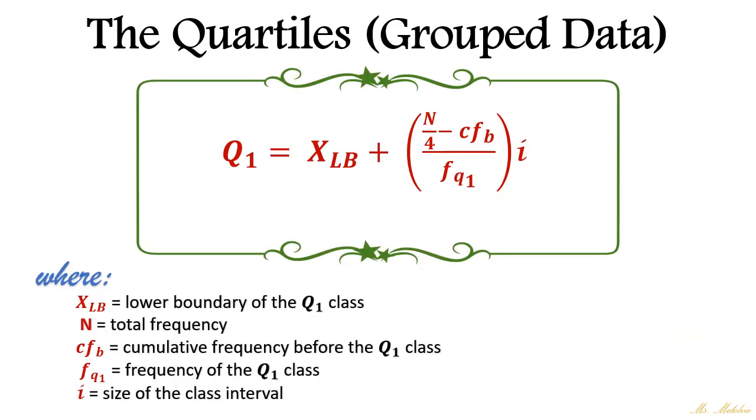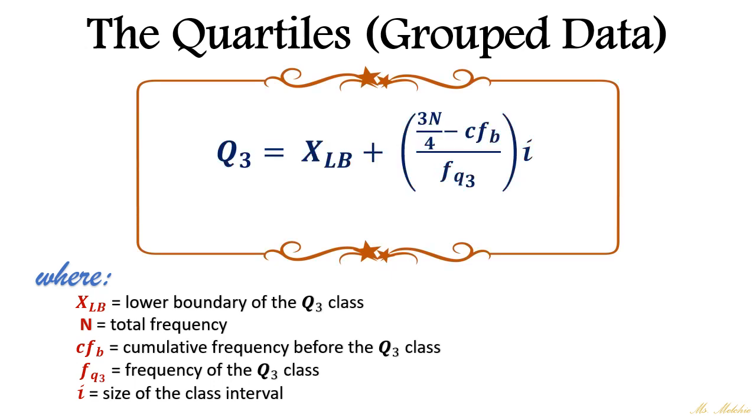Okay, so here's the formula to find the quartile 1 for group data. And this will be your formula to find quartile 3 for group data. But by the way, what if you are going to solve for quartile 2 for group data? You just simply modify our equation here. All the 3's here, we will just change it to 2.